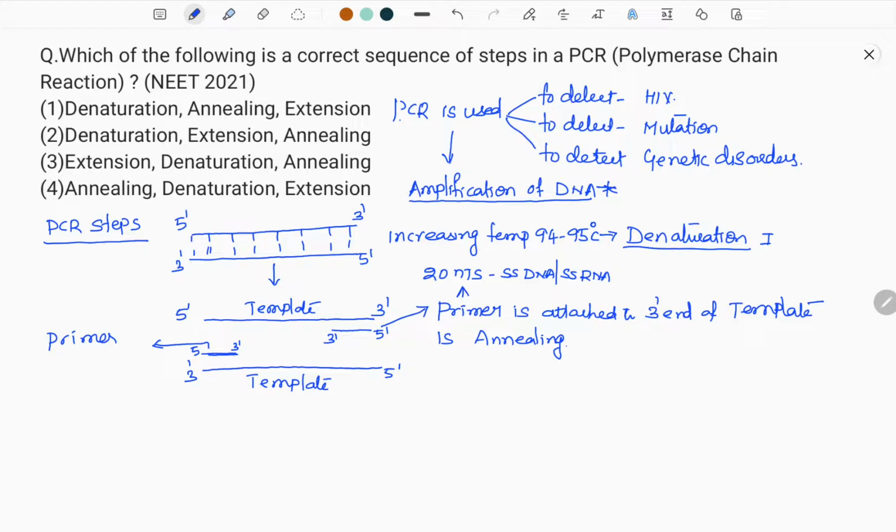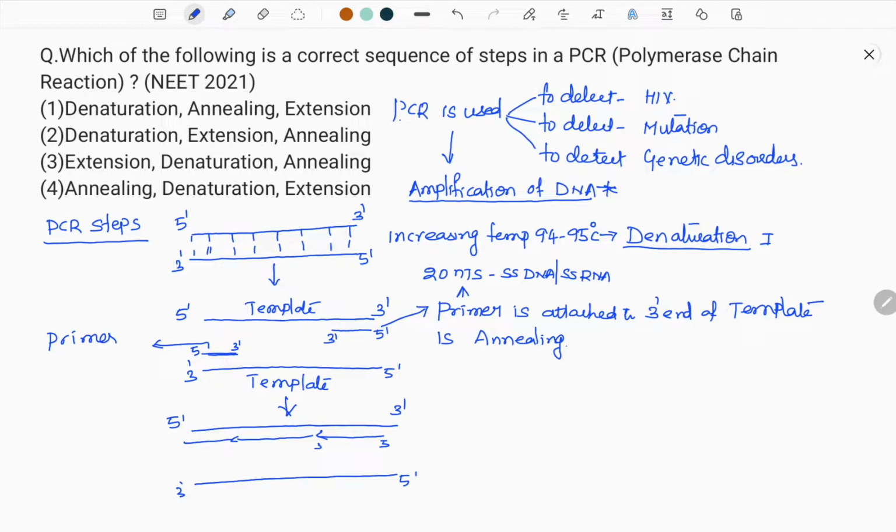Now what happens after attaching this primer to the 3' end of the template? The third step is extension. How do we understand this extension? Whatever primer that we have attached here will extend polymerization of nucleotides in a template dependent manner in 5 to 3 direction like this.